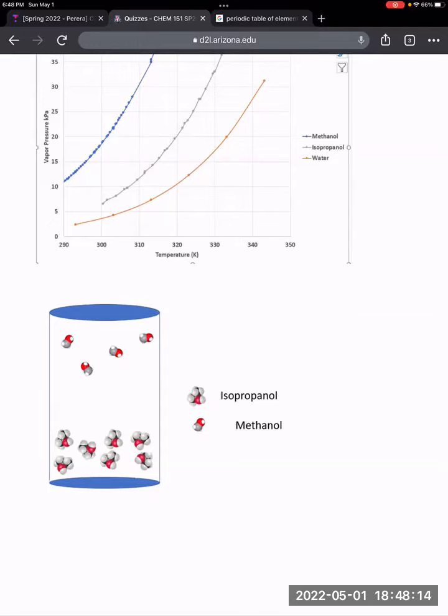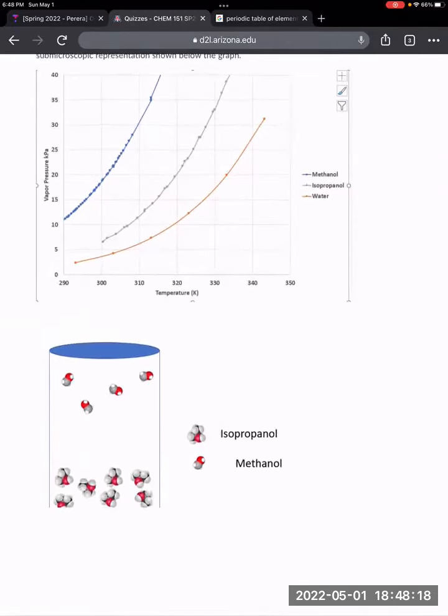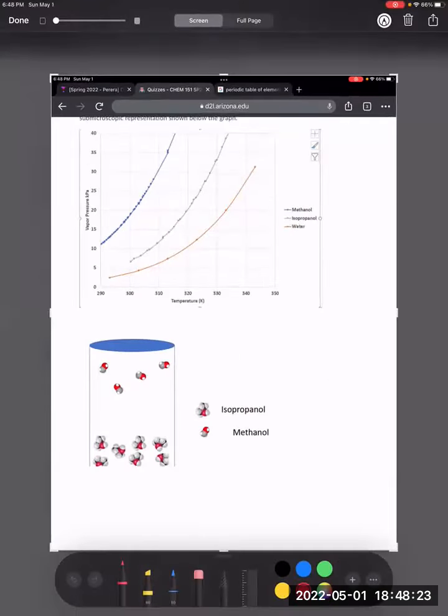All right, so the idea is, if this is the situation, isopropanol is the gray curve, and methanol is the blue curve. If isopropanol is in the liquid phase, that means you're above the curve of isopropanol, and if methanol is in the gas phase, that means you're below the curve of methanol.